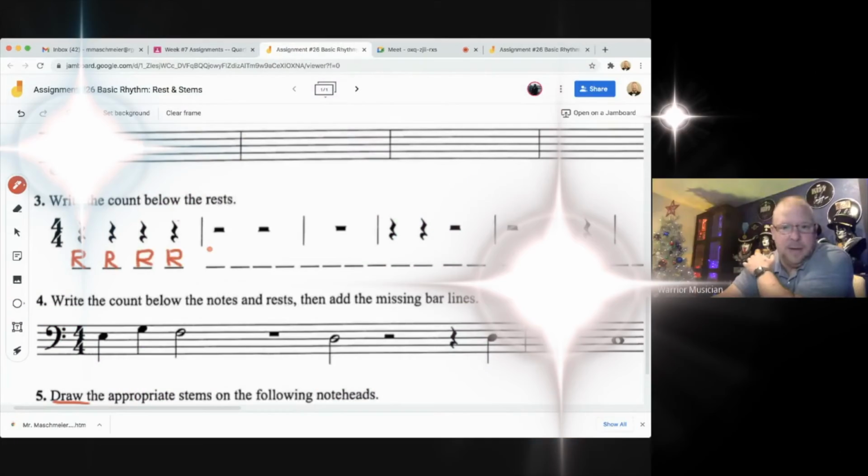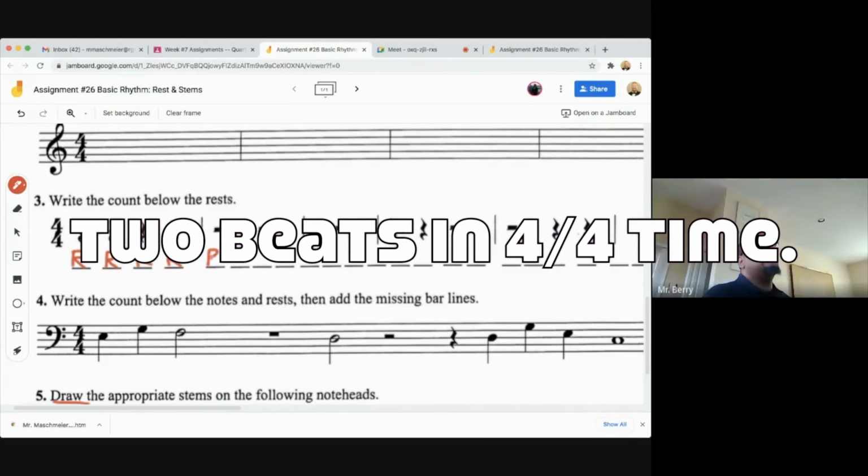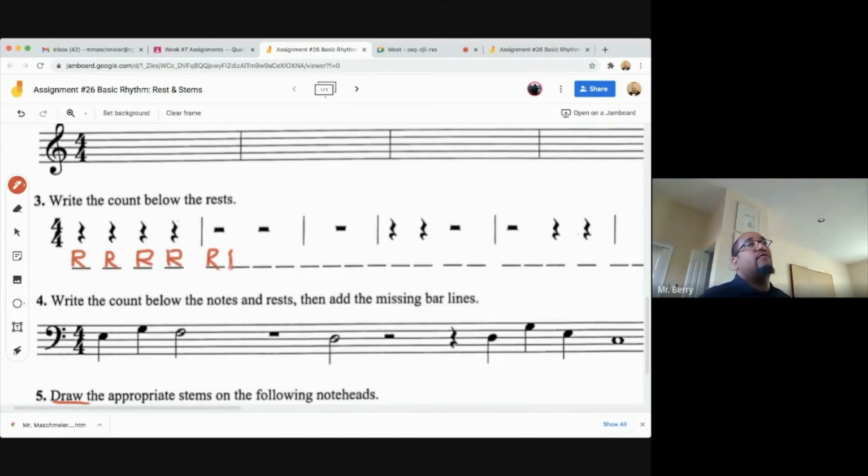Okay, so we're going to do the same thing for rests like we did for notes. Whenever we come across a rest that is larger than 1 beat, what do we put in between those R's? We're going to put a dash, just like we did for the half note and also for the whole note.